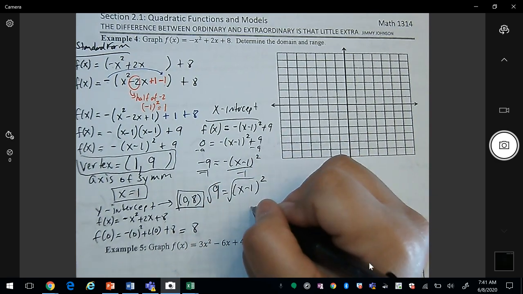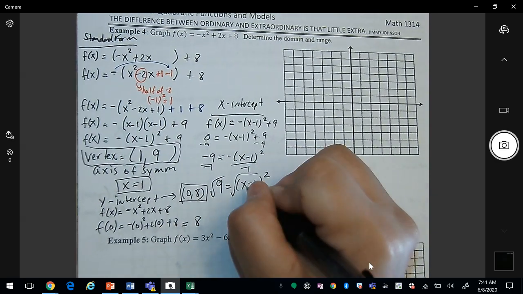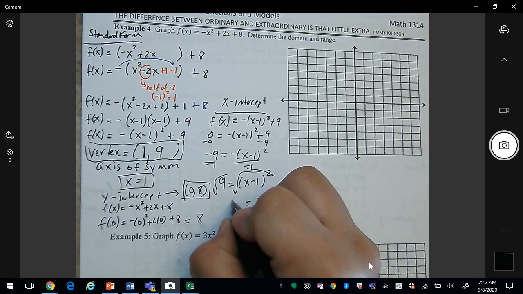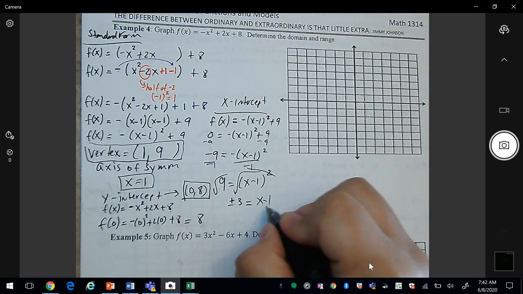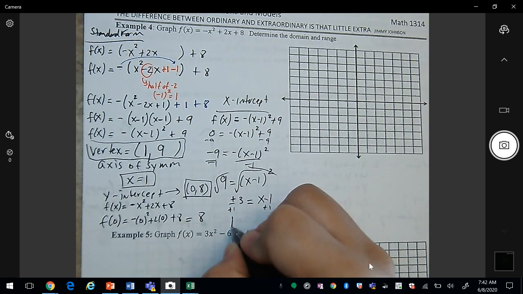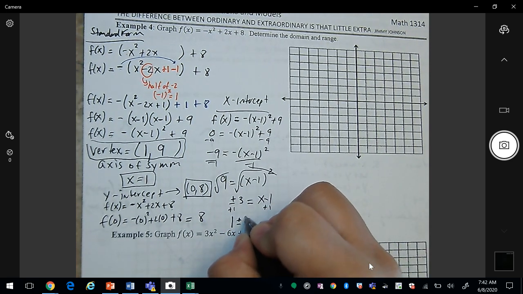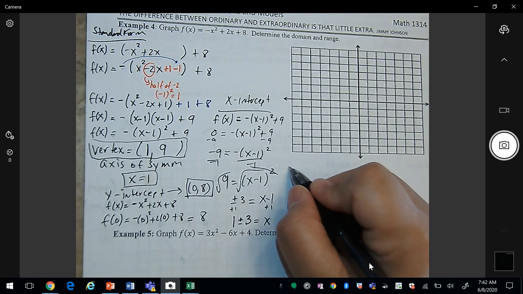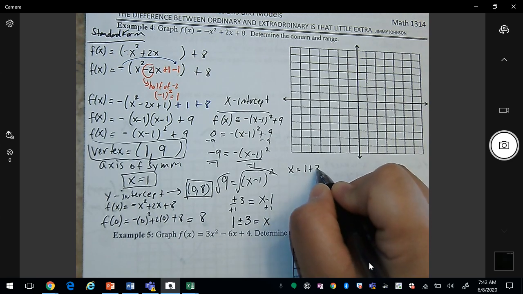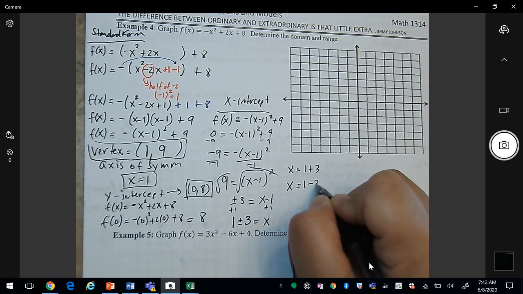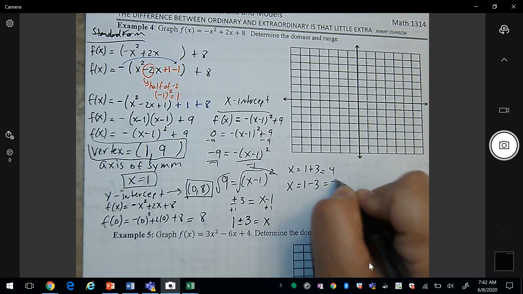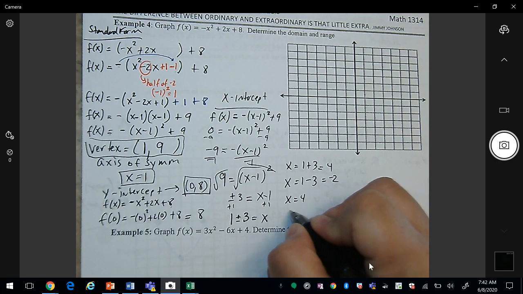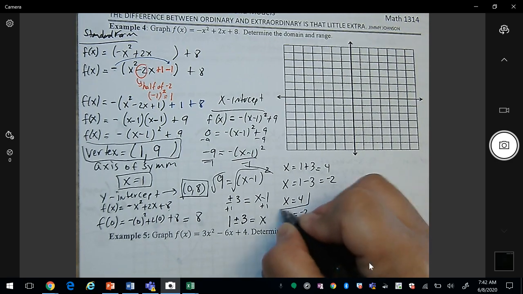Take the square root. The square root and the 2 become a 1, so they cancel basically. Square root of 9 is plus or minus 3. We're going to add 1. So we get 1 plus or minus 3. So one answer is x equals 1 plus 3, and the other is 1 minus 3. So 1 plus 3 is 4, 1 minus 3 is negative 2. So my x-intercepts are x equals 4 and x equals negative 2.